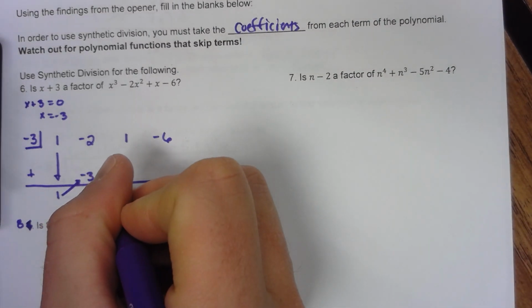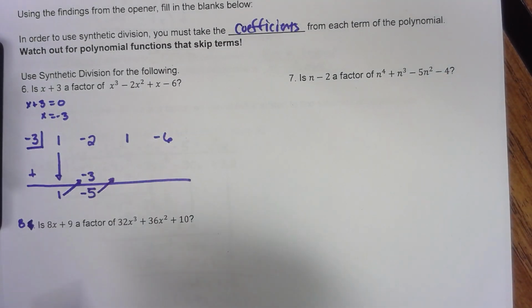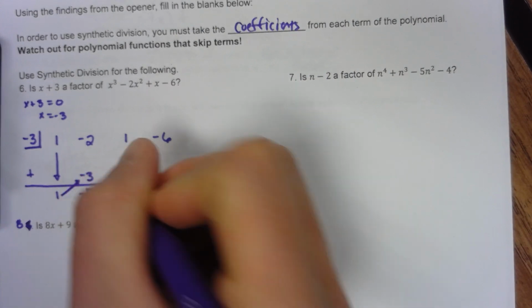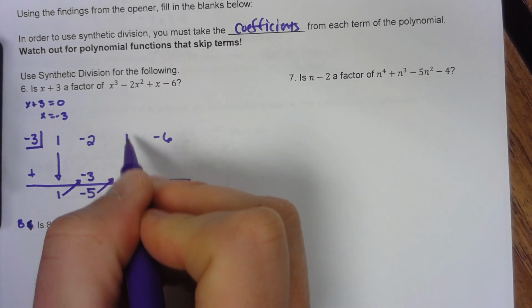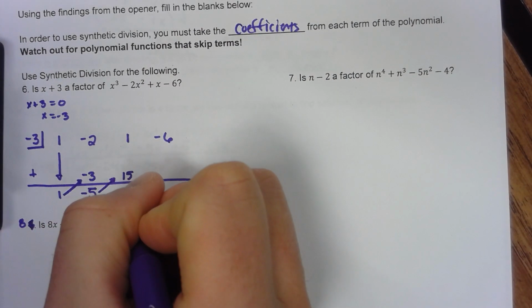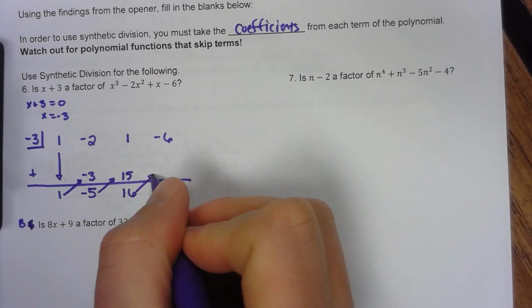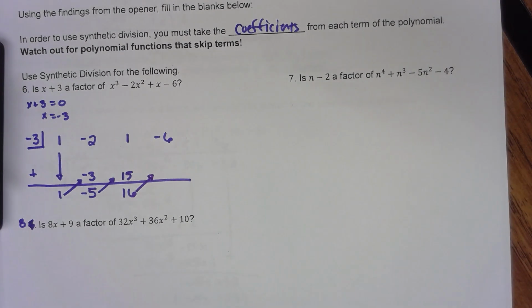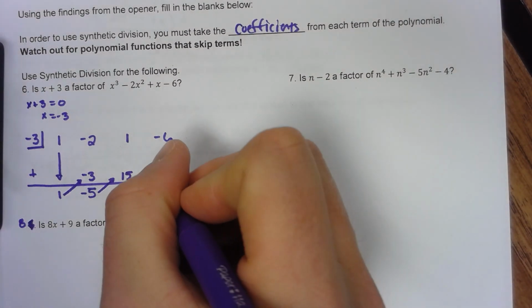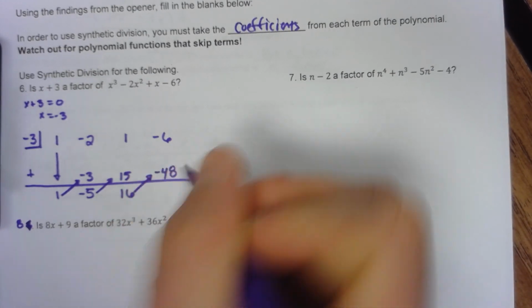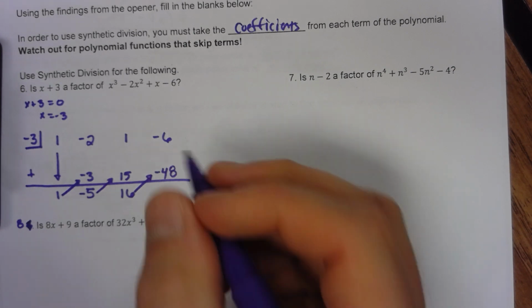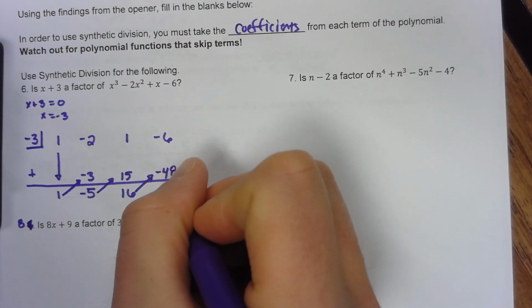And then I'm going to do the same thing, -5 times the number in the chair, which is 15. Add those together to get 16. And then take that number, multiply by the number in the chair, 16 times -3. And that would be -48, I think. And when we add these last two terms together, we get -54.